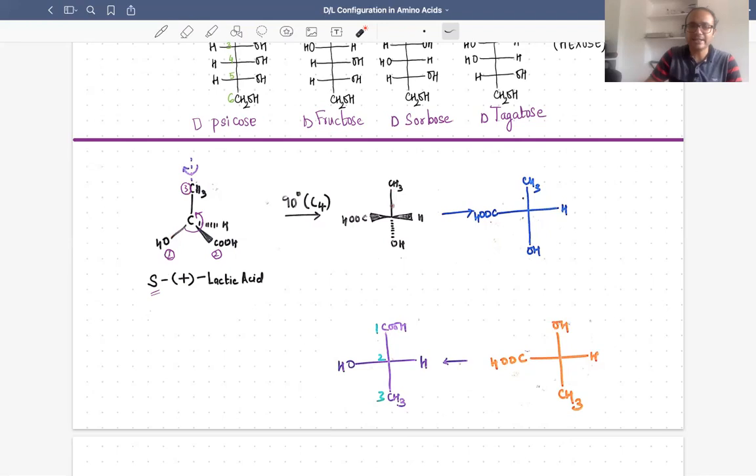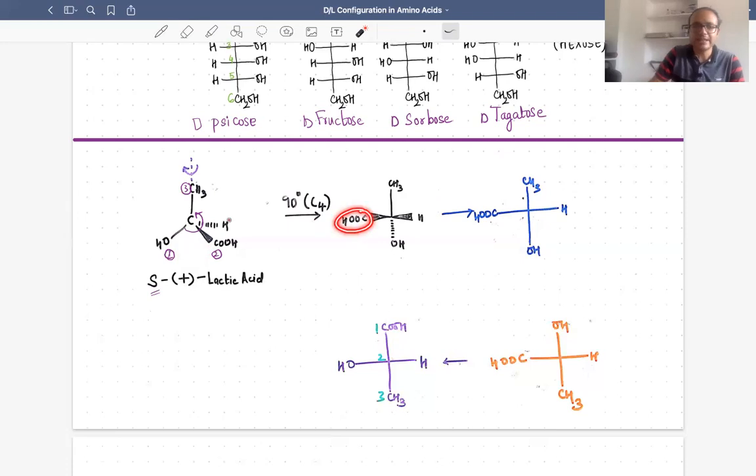I kept the CH3 here because I kept this bond constant and rotated along it by 90 degrees. Obviously, this OH is going to the back side. So when I am rotating and moving this to the back side, this COOH would be coming to this side of the molecule, on the left side.